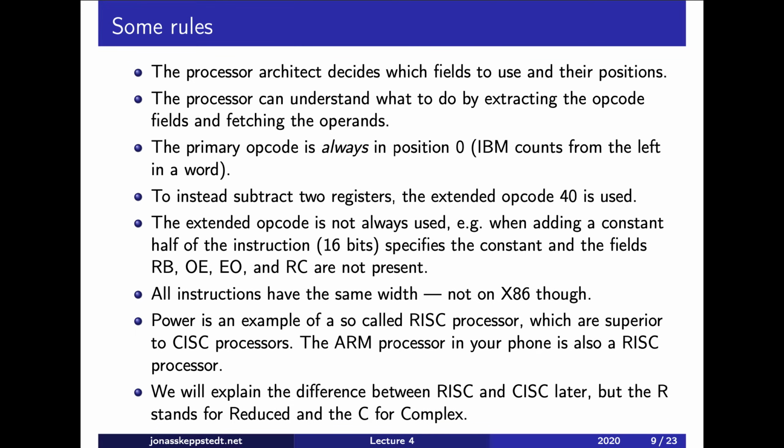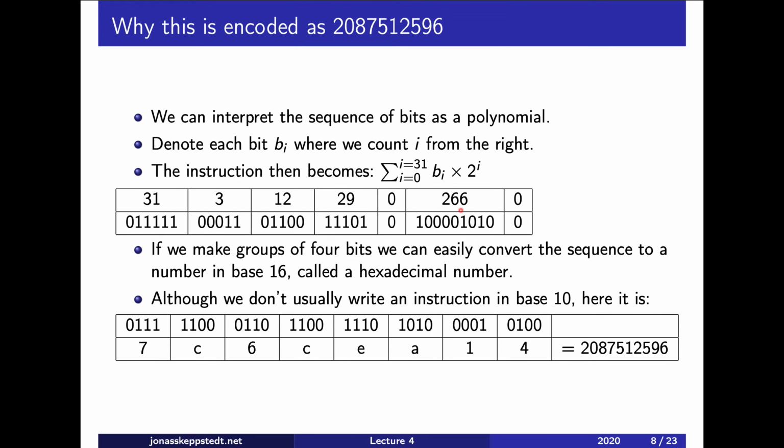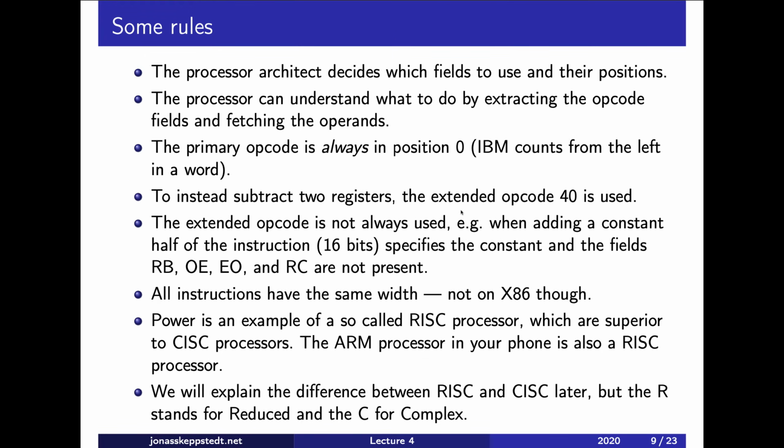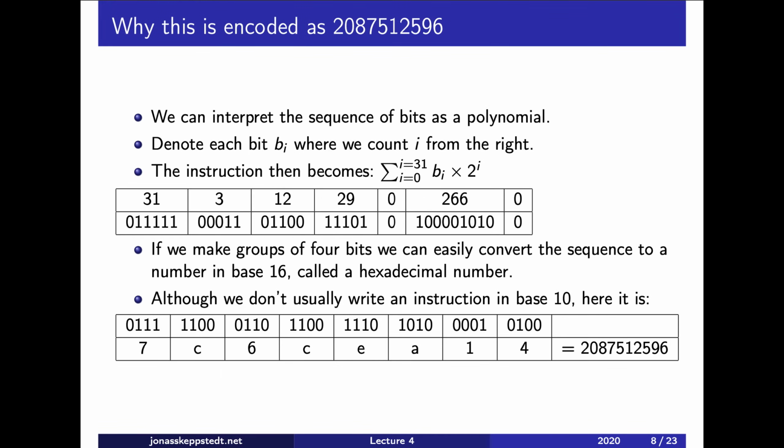The primary opcode is always in the first position. IBM counts from the left, while many others count from the right, but that doesn't matter very much. So to do something else, we switch this opcode to something else, or we can switch this opcode as well.